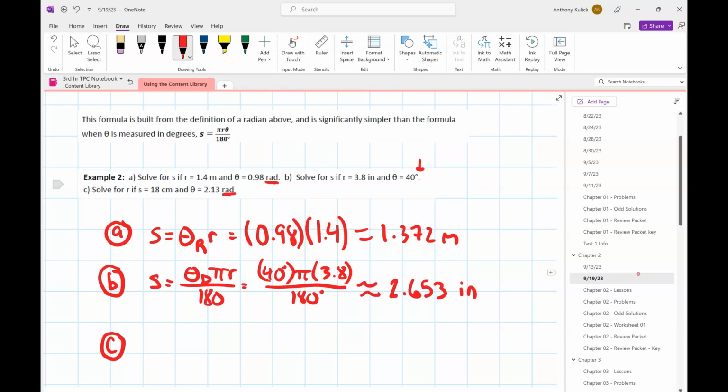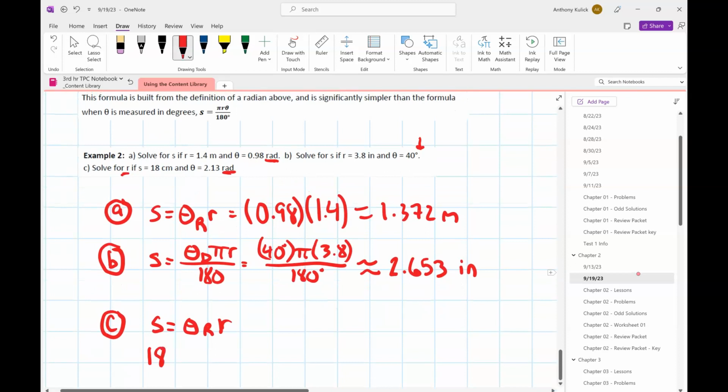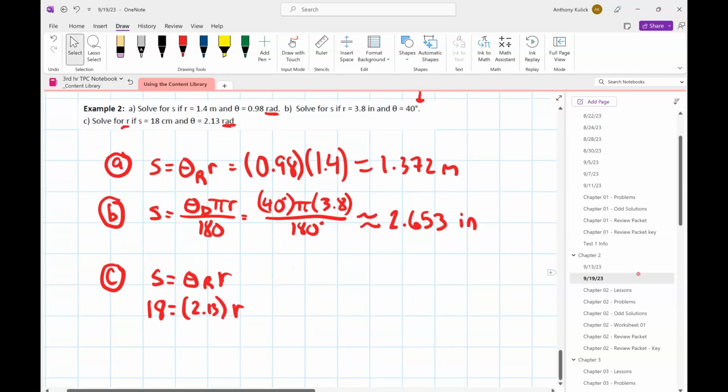If I look at the last one, I notice that my angle is back in radians, so I'll go back to my radians formula. But here we're looking to solve for r. We're told s, we're told theta, looking to solve for r.